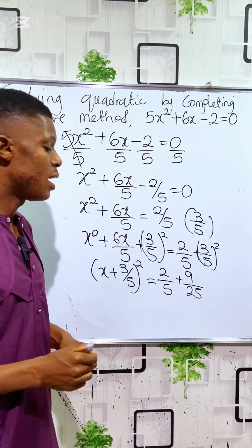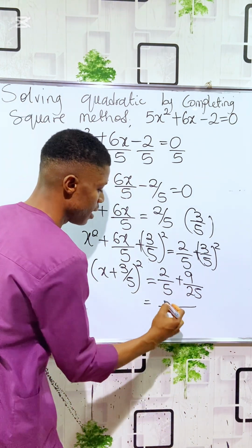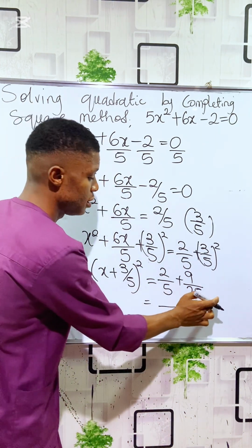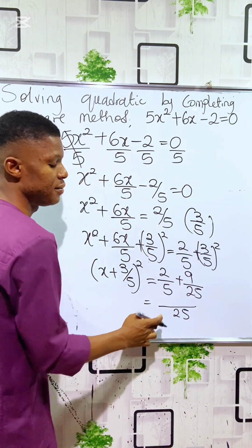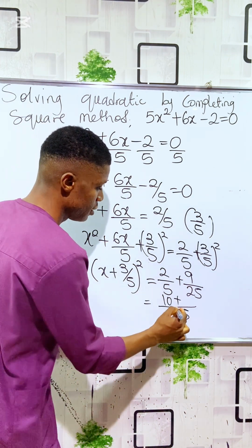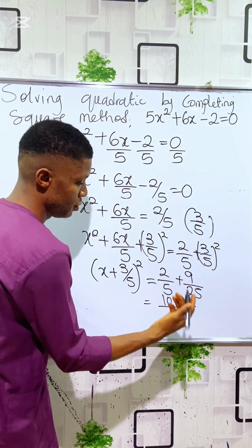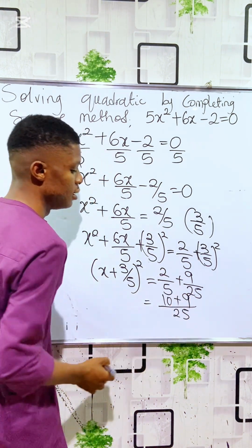Let's add this side. The LCM of 5 and 25 is 25. 5 divided into 25 is 5, times 2 is 10, plus 25 divided by itself is 1, times 9 is 9.